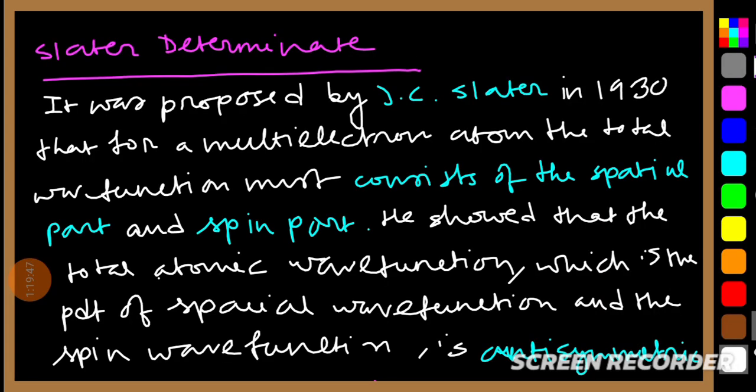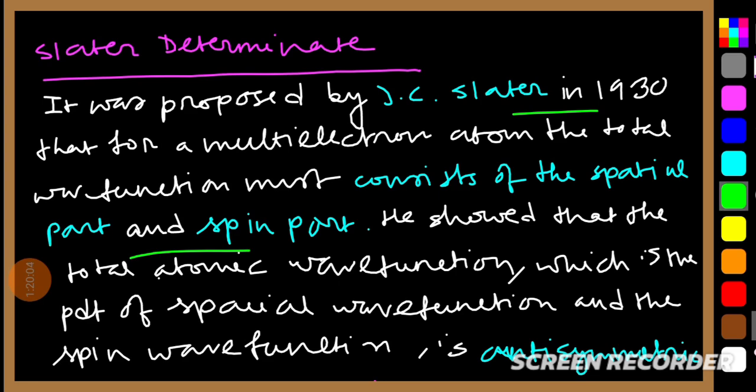so the Slater determinant was proposed by J.C. Slater in 1930 that for a multi-electron atom, the total wave function must consist of spatial part and spin part, right?